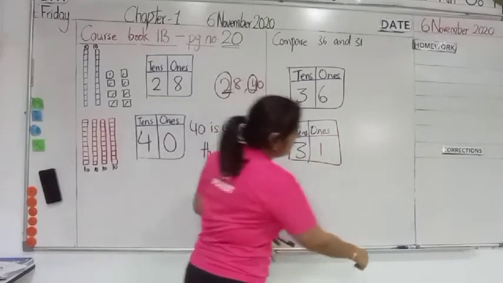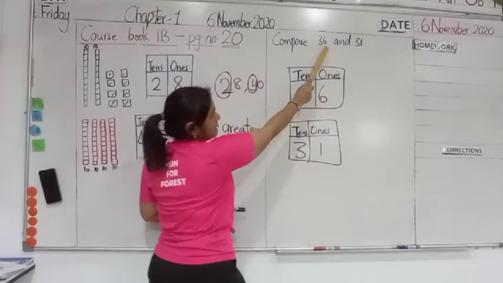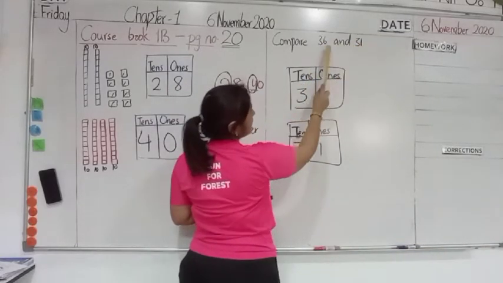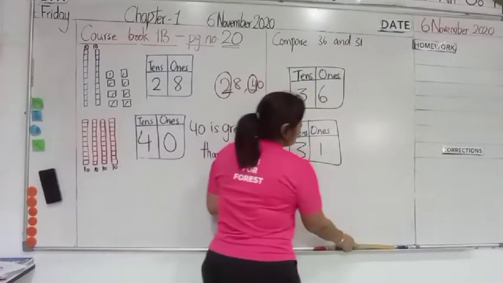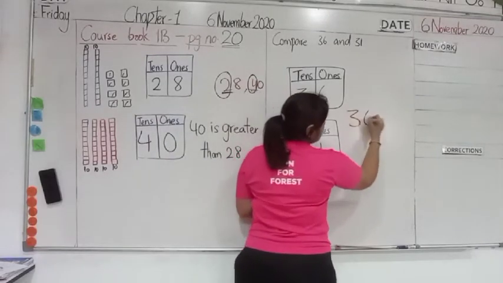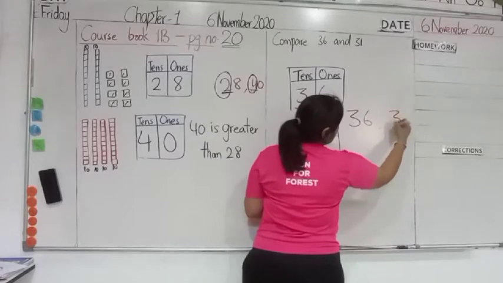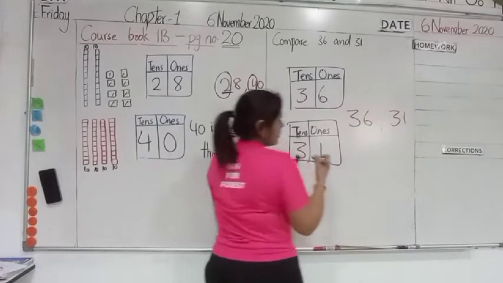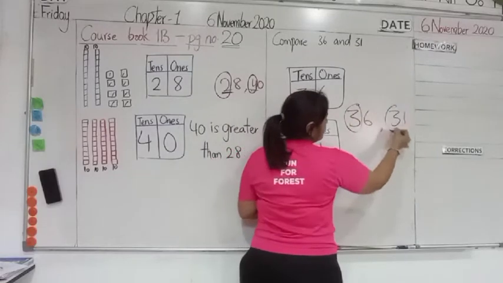Look here carefully. They are comparing 36 and 31. There is one number common, that is 3 in the tens place.